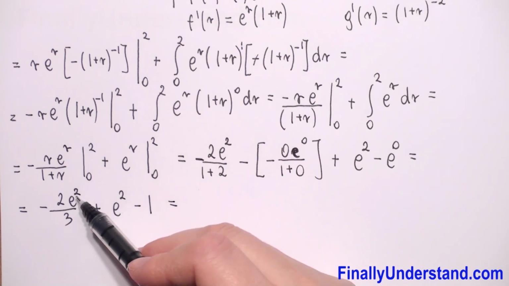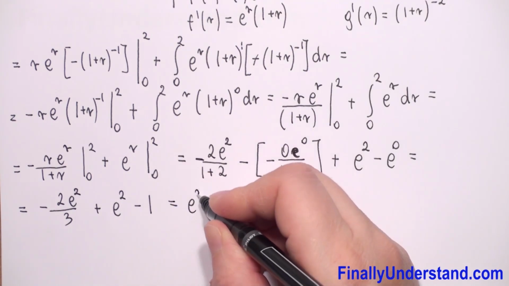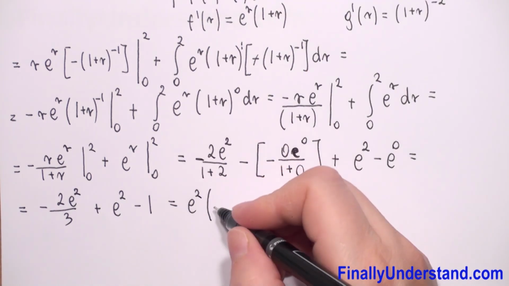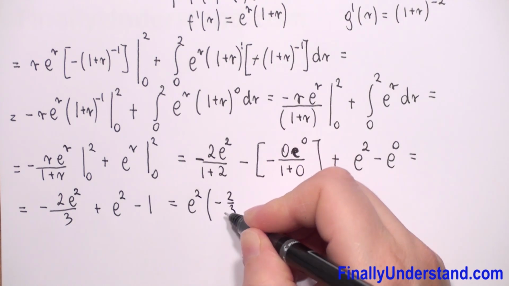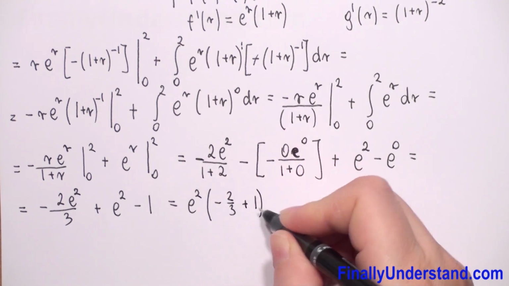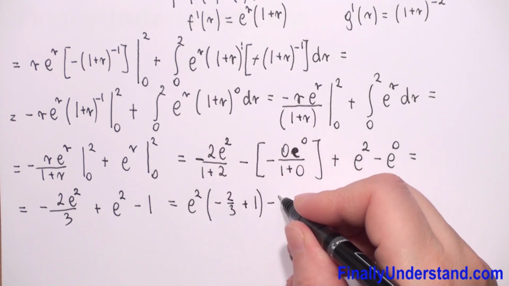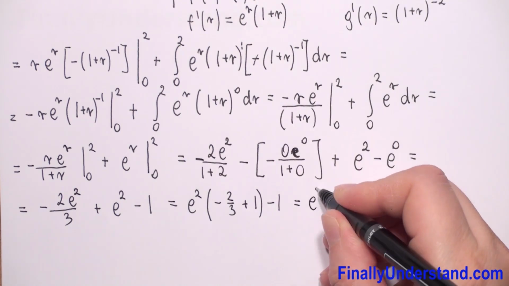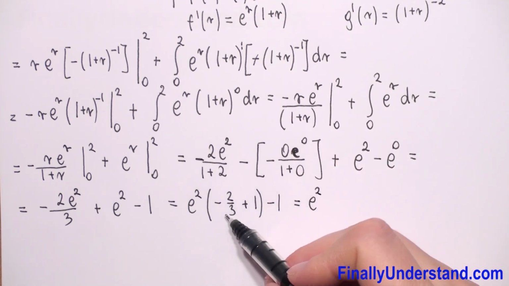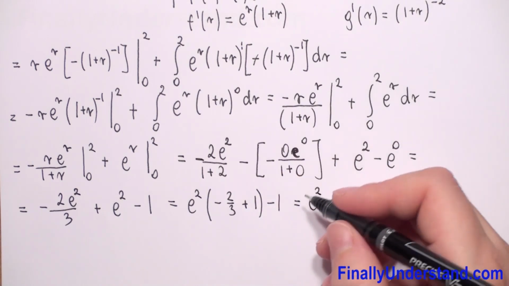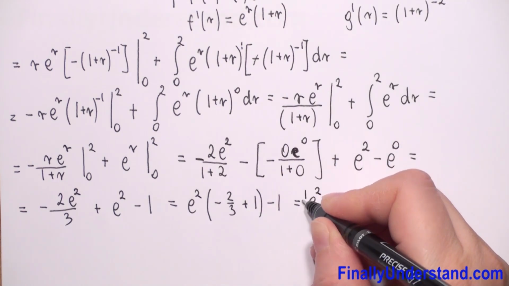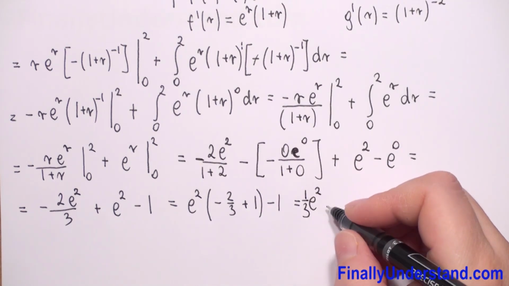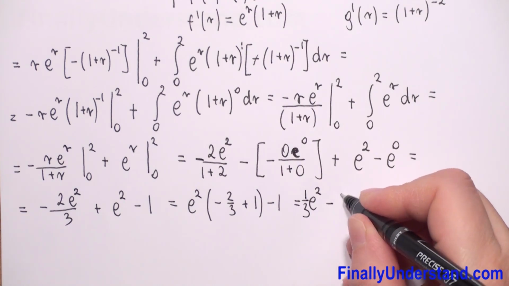We can factorize e to power 2. In parentheses we will have negative 2/3 plus 1, and we have negative 1. So this is equal to e to power 2 times negative 2/3 plus 1, which will be 1/3. So we can put in front 1/3 e to second power minus 1.